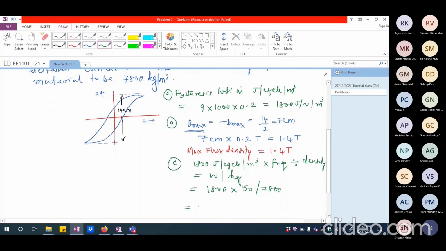This is going to be the overall hysteresis loss per kg of the material, which comes out to be 11.54 watts per kg. This is the hysteresis loss in watts per kg of the magnetic material for which we have drawn the BH loop.